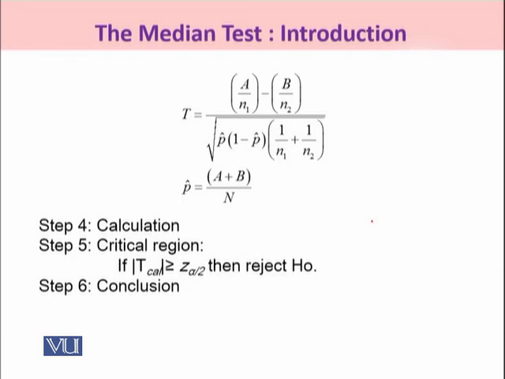So students, that test is denoted as T, और इसको calculate करने के लिए you require A, B, N1, N2 and P hat. जबकि A यहाँ क्या है students, as I've explained earlier, A है वो values sample 1 की जो कि आपके मीडियन से ग्रेटर हैं, जबकि B आपकी वो वैल्यूज हैं सैंपल 2 की वो ऑब्जर्वेशंस हैं जो कि आपके मीडियन से ग्रेटर हैं. सिमिलरली N1 and N2 are respectively the sample sizes for the two kind of samples.